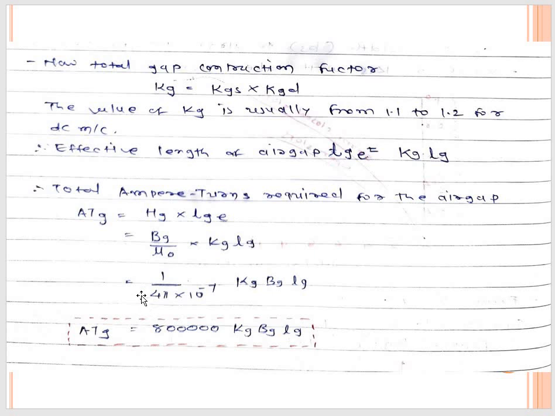Mu 0 is the permeability of free space, and its value is 4 pi multiplied by 10 raised to minus 7. The value of 1 upon 4 pi into 10 raised to minus 7 is approximately 8 lakh, or 8 multiplied by 10 raised to 5.